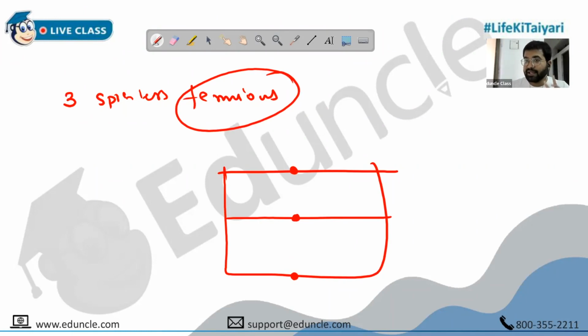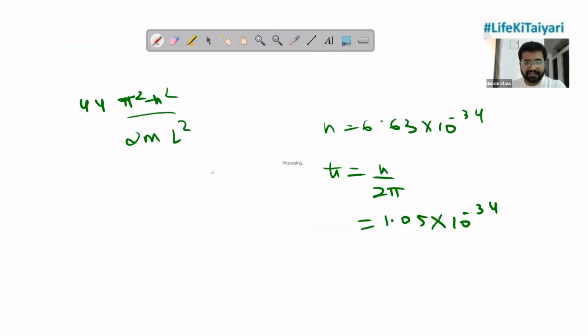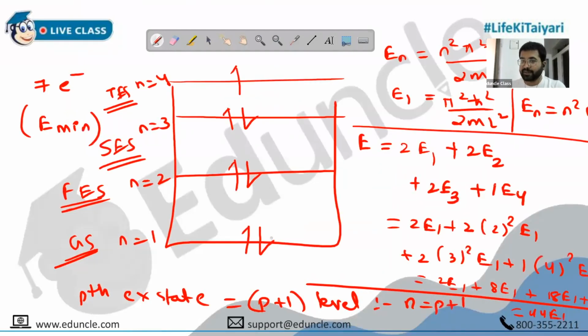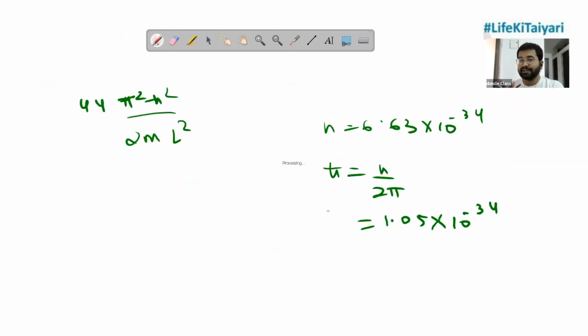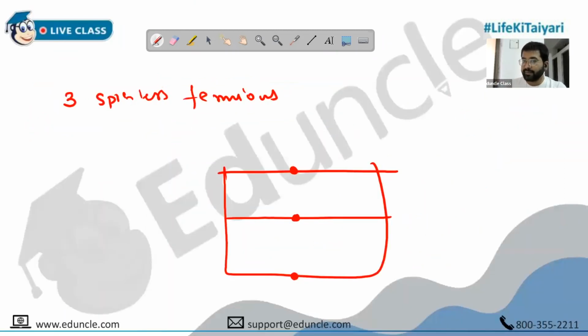When it comes to fermions, no 2 electrons can be in the same state. Whatever electrons you have, they must be differentiable. Here they were differentiable: one was upspin, other downspin. Pauli's exclusion principle tells you that 2 electrons, as far as they are differentiable, can be in the same state. But if they are not differentiable, then only 1 electron will be in one state.